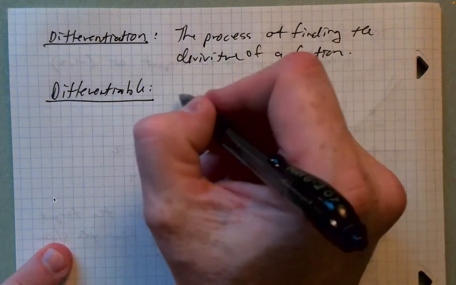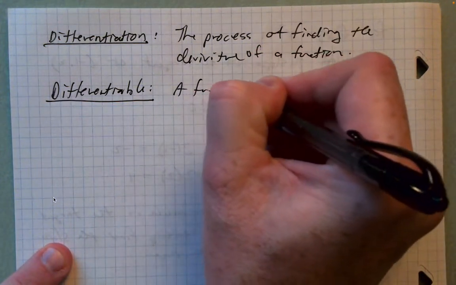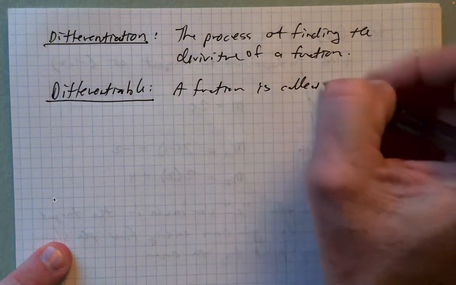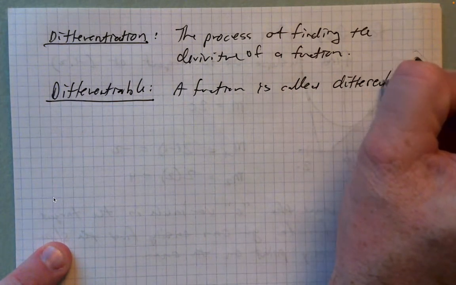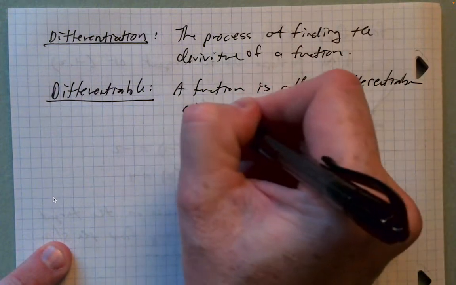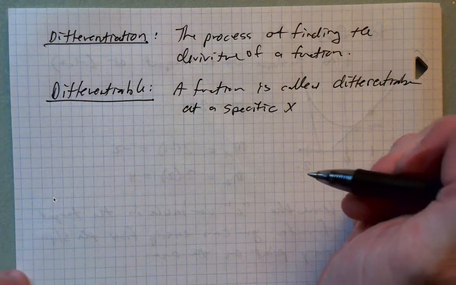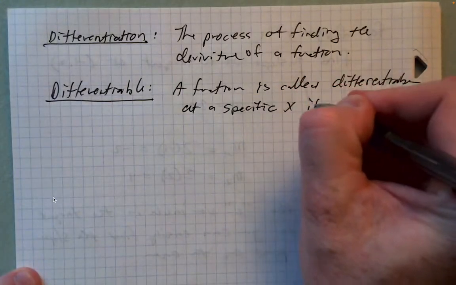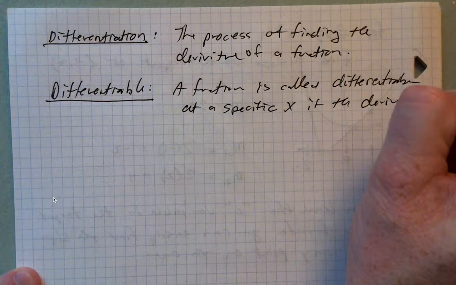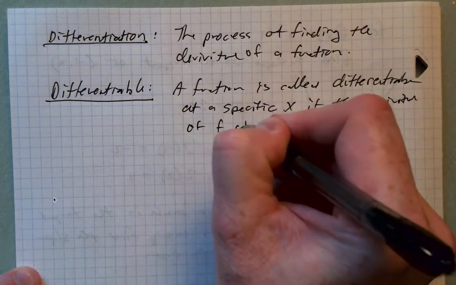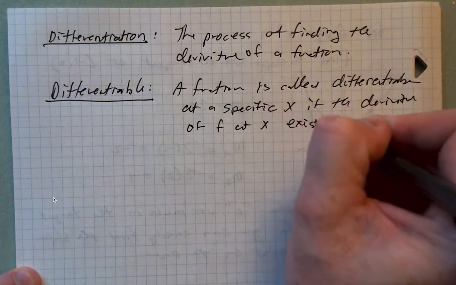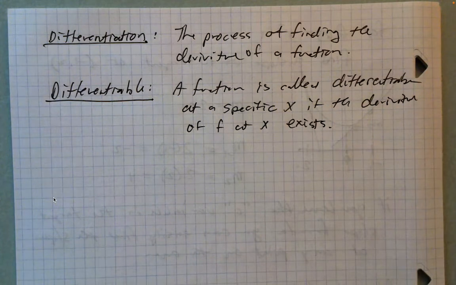A function is called differentiable at a specific x if the derivative of f at x exists. So basically, if that previous limit that we just looked at exists for a particular function at x, then we say that function is differentiable at x.